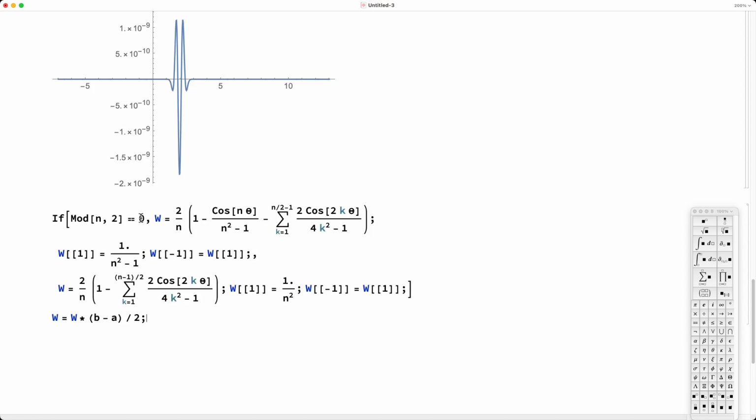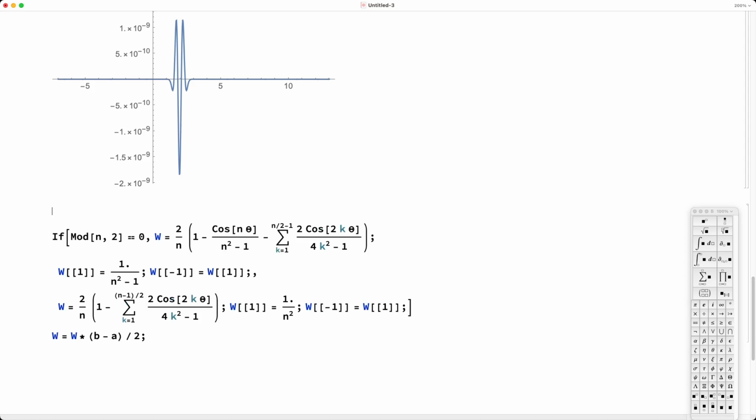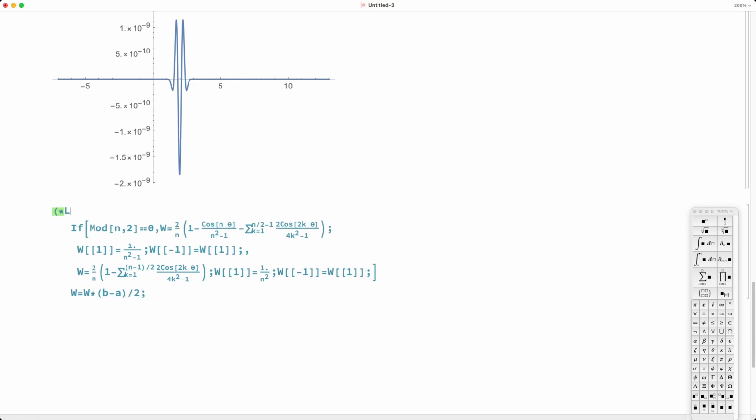And over there we discussed how to construct the weights of Clenshaw-Curtis quadrature.